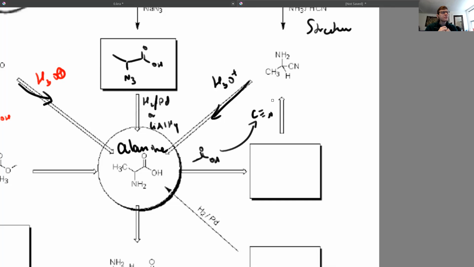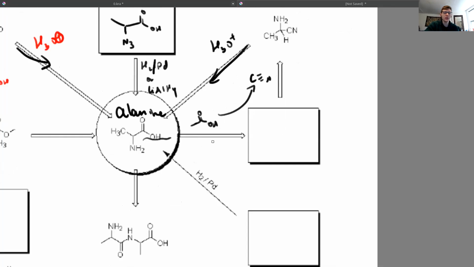If there's some way to turn this acid into an aldehyde, right?